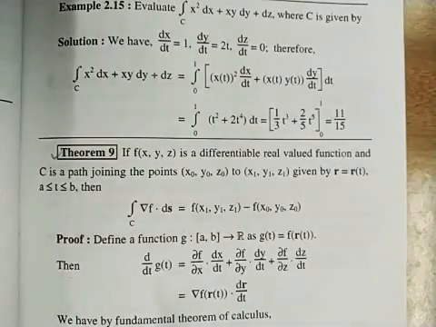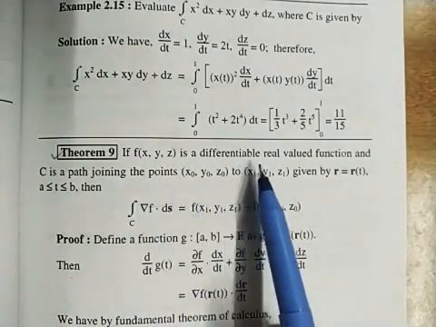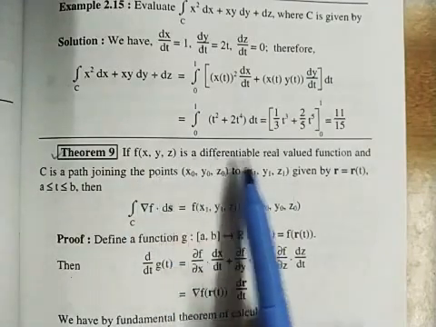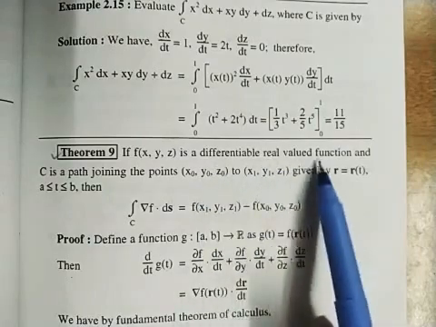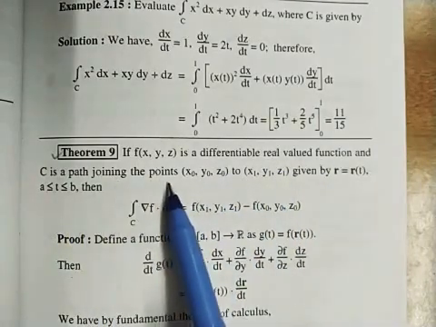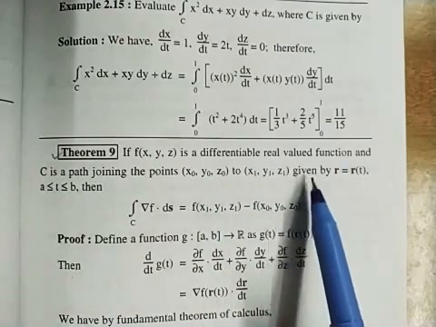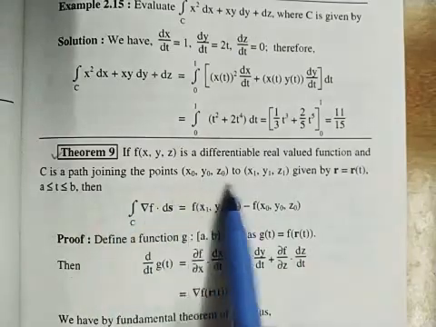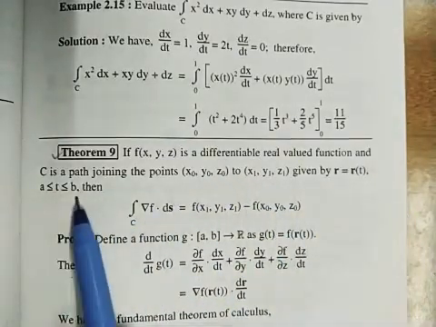Next is a statement of theorem. If f(x,y,z) is a differentiable real valued function, this function is differentiable and real valued, meaning its range set is the set of real numbers, and C is a path joining points (x0, y0, z0) to (x1, y1, z1) given by r equal to r(t), where the path joins these 2 points, t is between a to b.